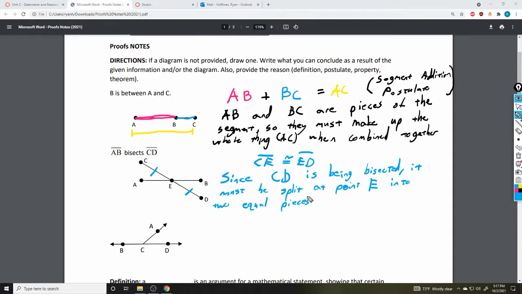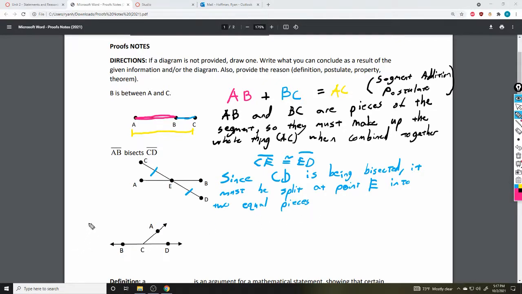So since C to D is being bisected, it must be split at point E into two equal pieces, which are C to E and E to D. So we're explaining what a bisector is and what it does. That's number 2.